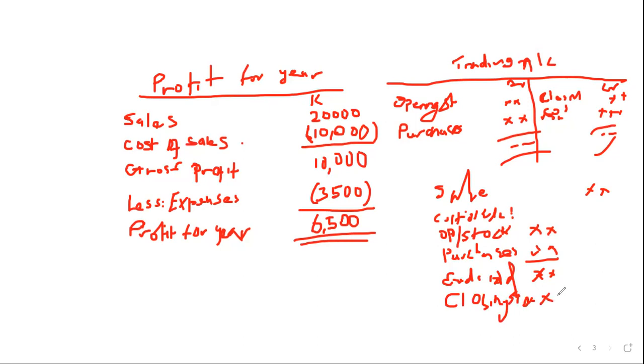So you less the closing stock, for you to have now the cost of sales. Then you bring it here. So that's why now you subtract the cost of sales from the sales to have your gross profit.